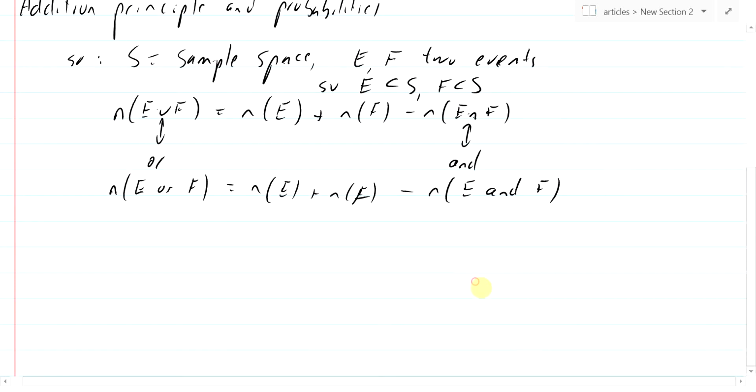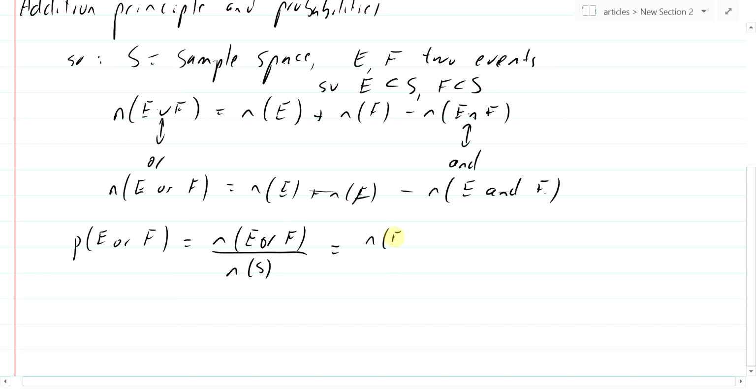Okay, so what's the probability then? What's the probability of E or F? Right, the probability of that. Well, probability is the number of ways the thing you want to happen divided by the number of things that can happen. And N of S, that's the number of things in the sample space. So N of E or F, that's all this stuff here.